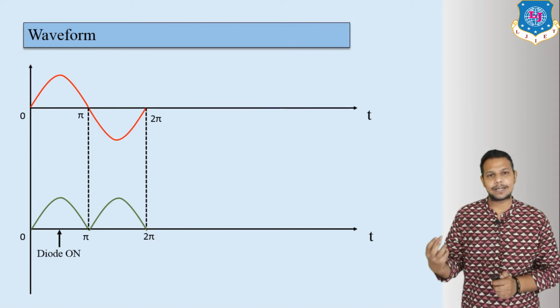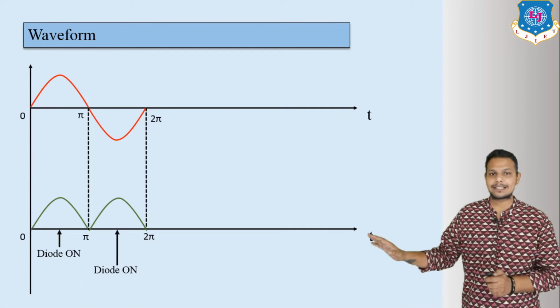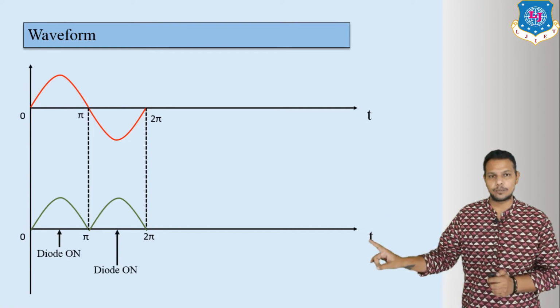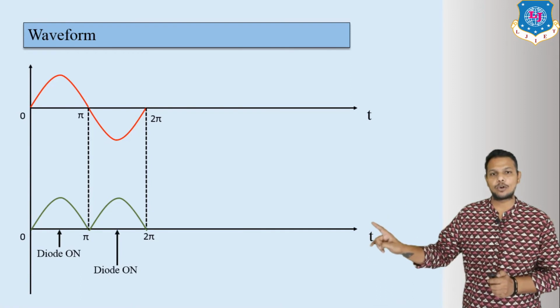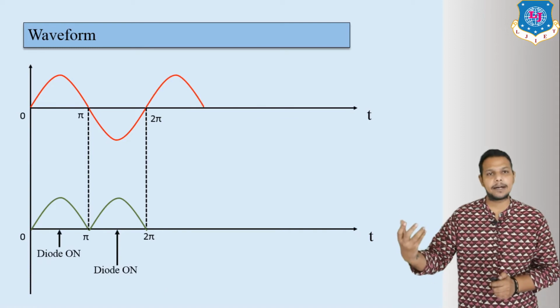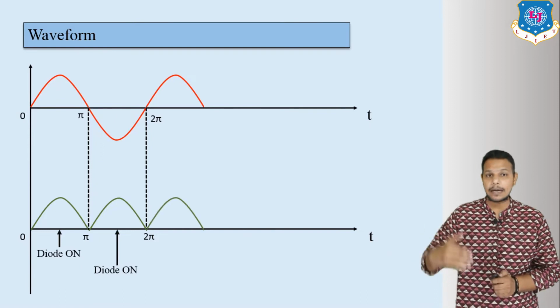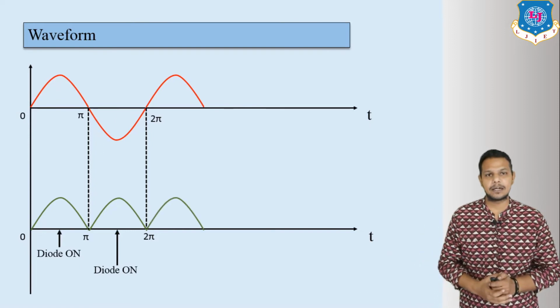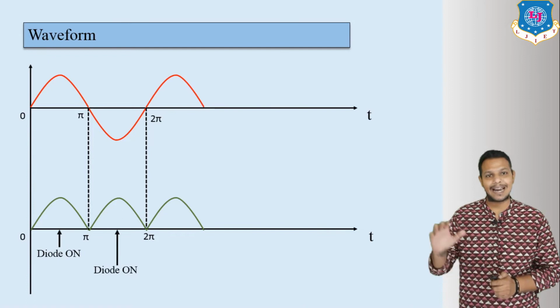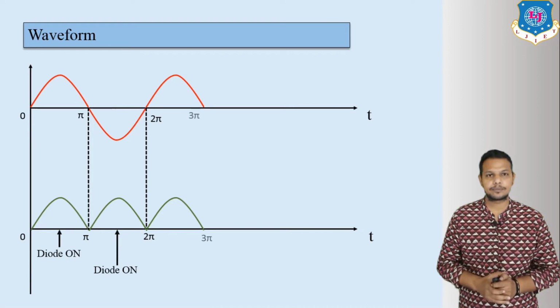That means the diode is on, but make sure this diode is D2 and the first diode is D1. Now again, if we apply a positive half cycle at the input side, we will get again a positive half cycle from the output side, and at this time diode D1 is on and D2 is off.